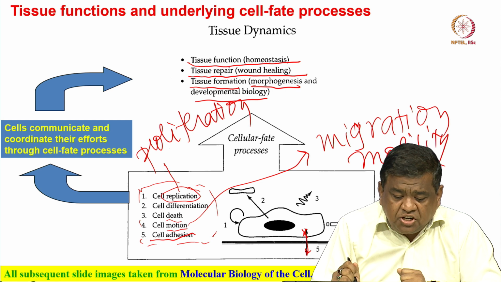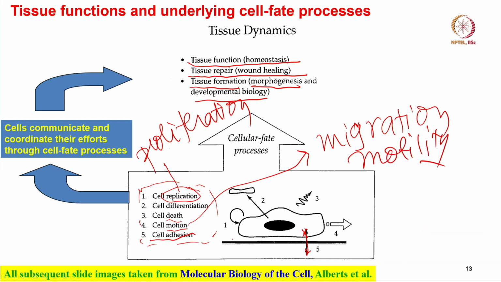Cell replication is where one cell goes to 2 daughter cells. Cell differentiation means it undergoes transformation to functionally different types of cells, like stem cells. In the context of stem cells, I will describe that.